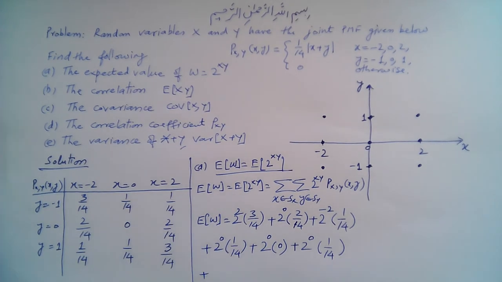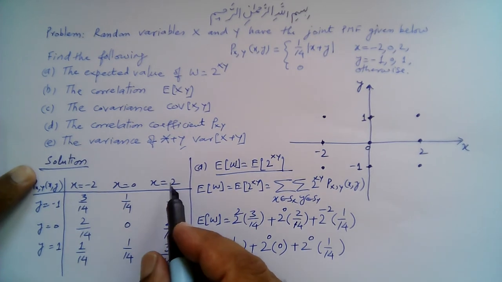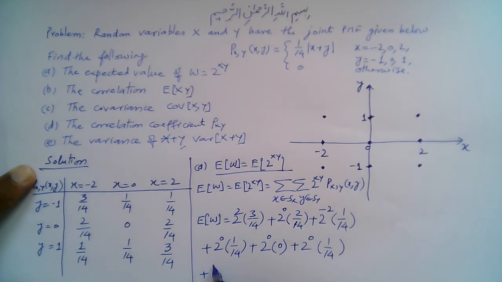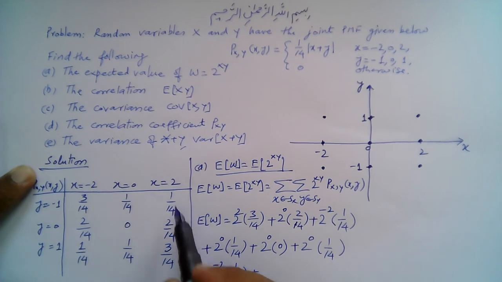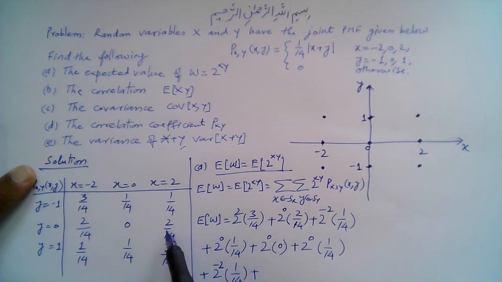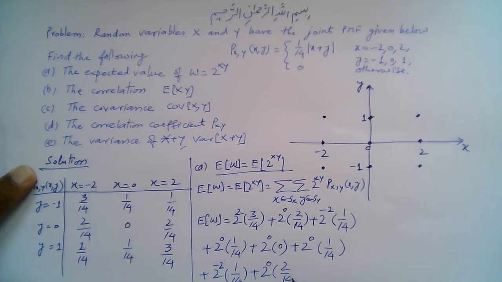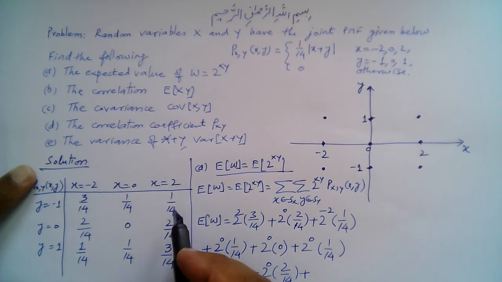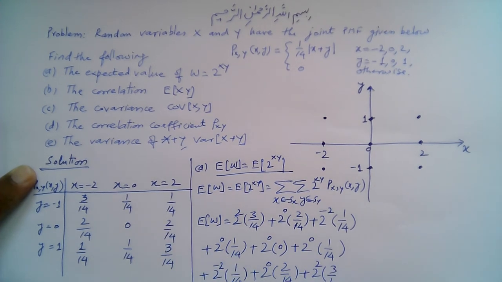Now with this column, so 2 raised to the power this is 2, this is -1, so this should be 2 raised to the power -2 and 1 over 14, plus for this value 2 multiplied by 0, so that should be 2 raised to power 0 into 2 over 14, plus 2 raised to the power 2 into 3 over 14.